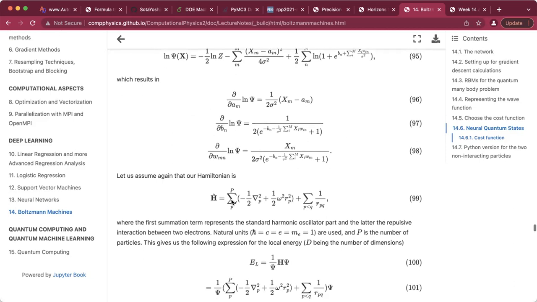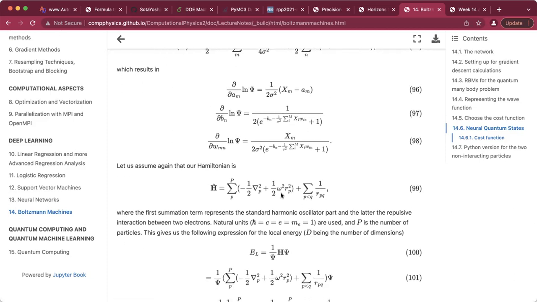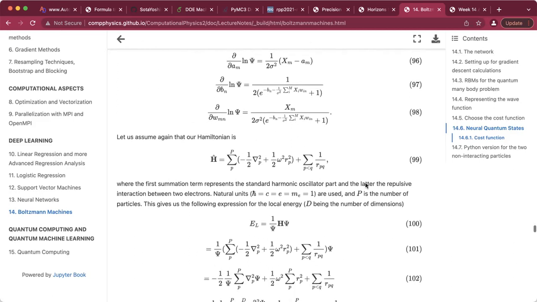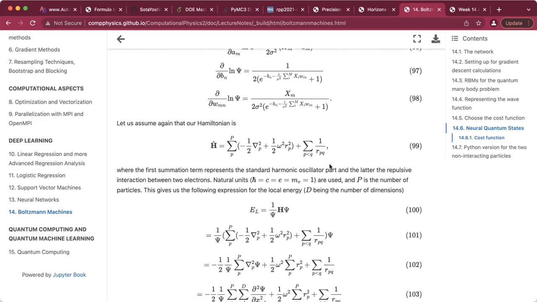Then our Hamiltonian, in the specific example which I have used, is the harmonic oscillator, which we have done before, and then we have a Coulomb interaction. Now we are going to replace that one with the interaction which we have from project number 1. But the example which follows here uses this specific term.